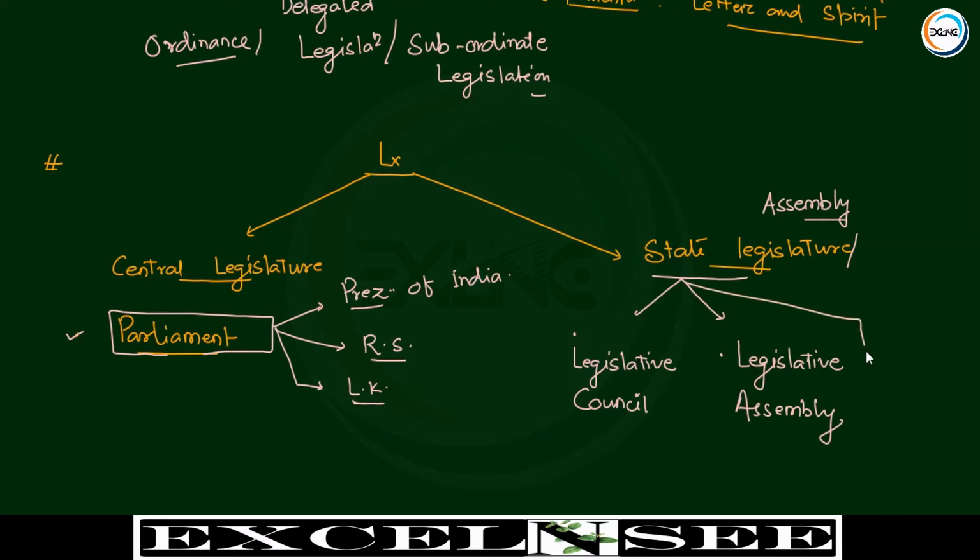And there is a third part, that is the Governor. Okay, this model is called the bicameral model, that is, bicameralism.